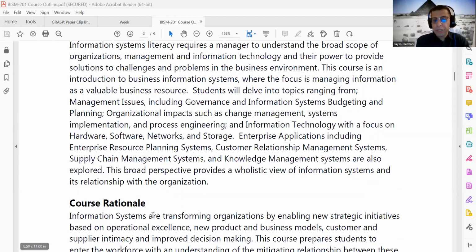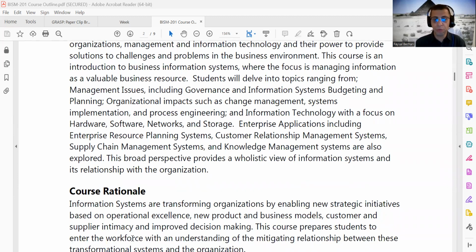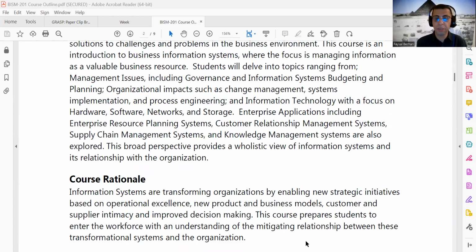Course rationale. Information systems are transforming organizations, enabling strategic initiatives, making them more competitive, and based on operational excellence, new products and business models, customer or supplier intimacy, and improved decision making. This course prepares students to enter the workforce with an understanding of the relationship between these transformation systems and the organization.